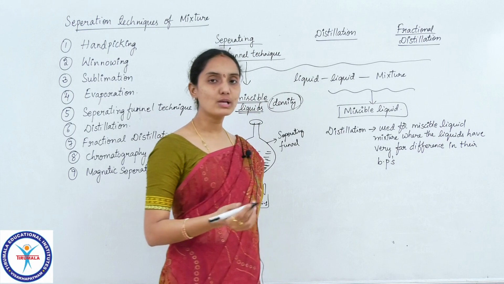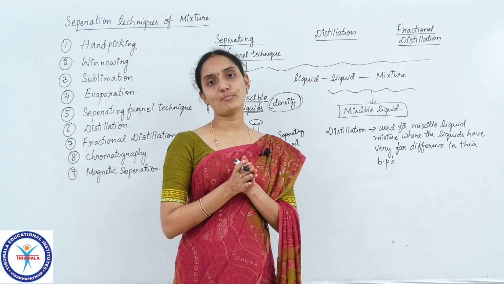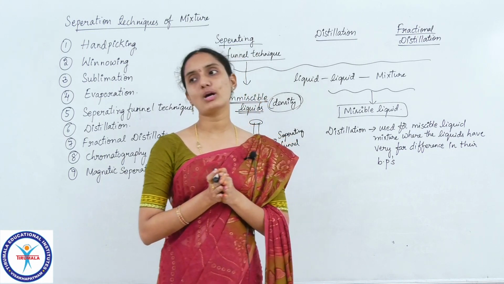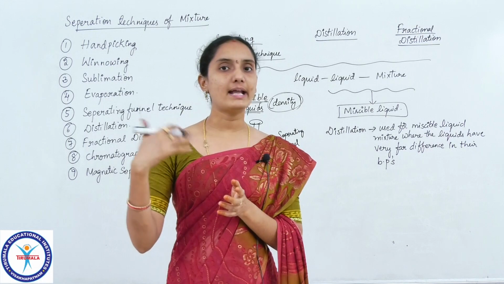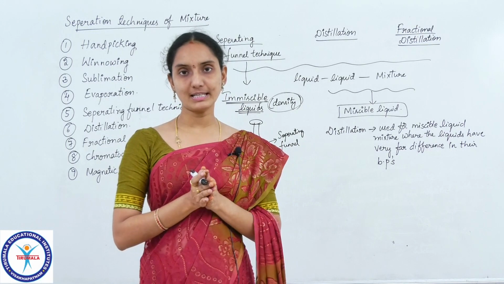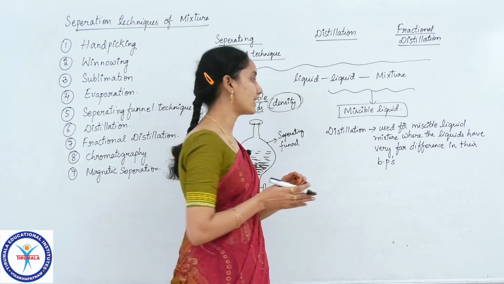So if those two liquids present in the mixture have a greater difference in boiling point, suppose one of the liquids has a boiling point of 35 degrees Celsius and the other has 100 degrees Celsius, so there is a larger difference in boiling point. In such a condition, you can use the distillation technique.